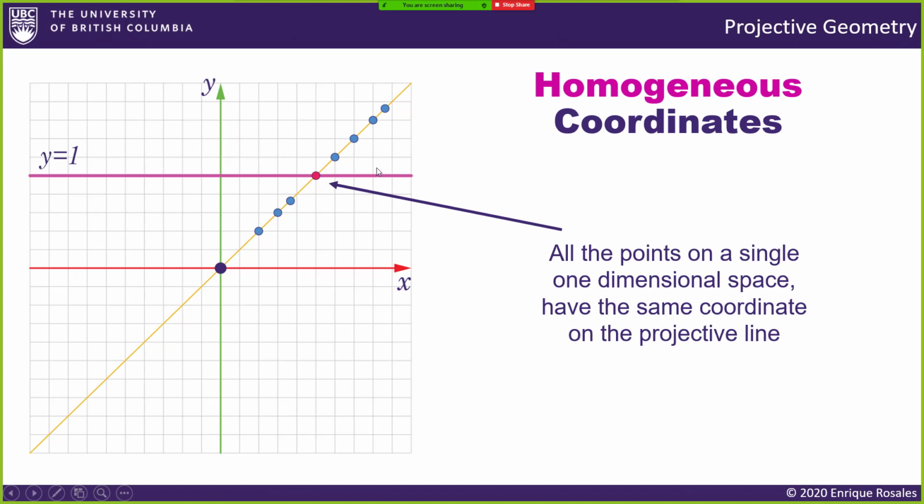So in this case, this 2D space is a 2D homogeneous space, and this one is a one-dimensional Euclidean space. And again, all these points will have the same coordinate on this space. And that's why they are called homogeneous coordinates, because basically they have the same coordinate. Okay? So everything good here?